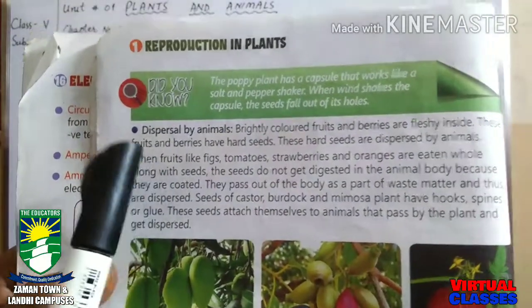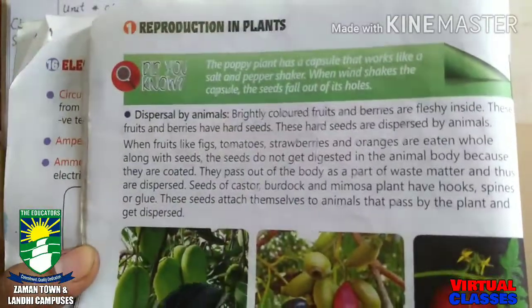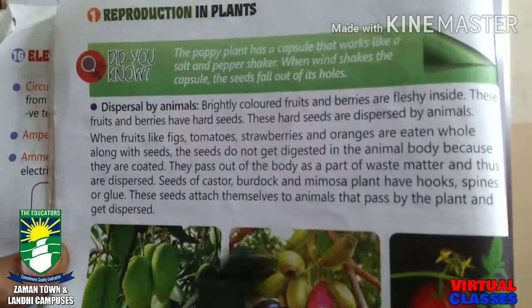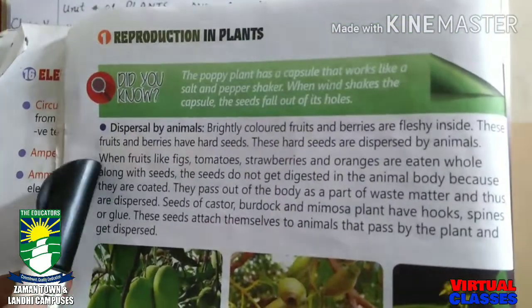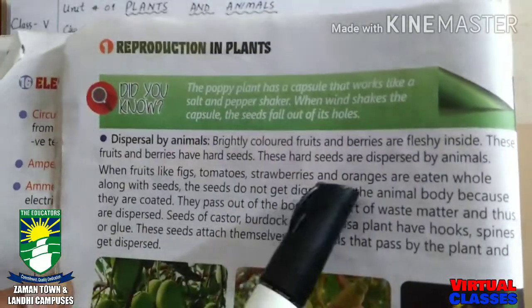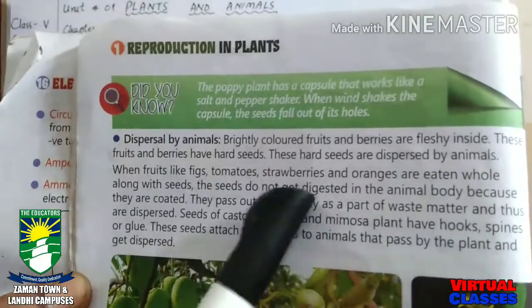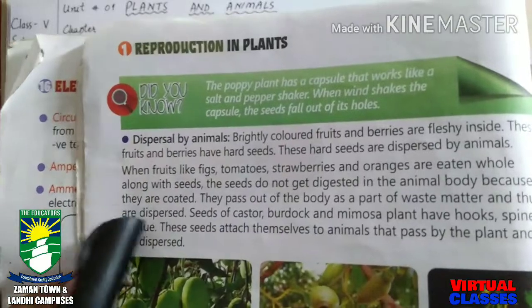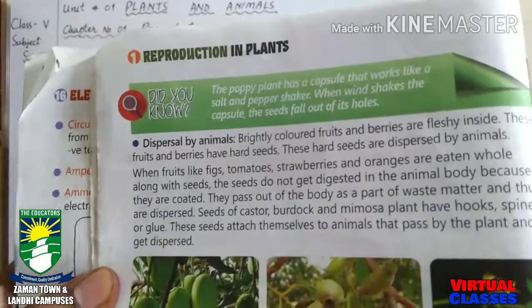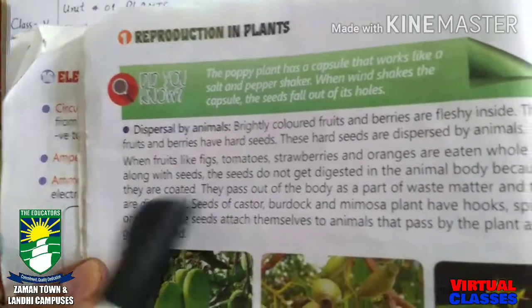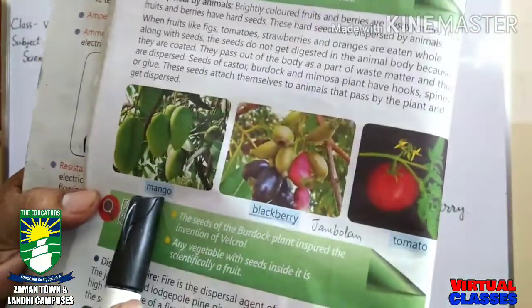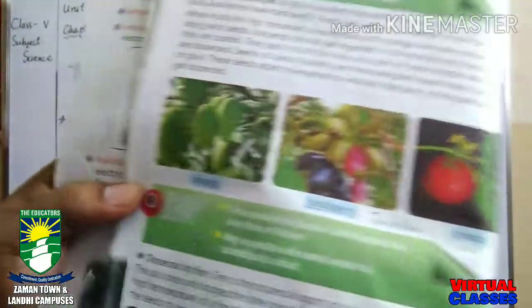So when the animal eats these fruits, their seeds are very hard so that they cannot be digested. So they come out from their bodies in the form of feces, but these seeds are not digested. So when they drop these feces at any place, these seeds are dispersed from one place to another. You can read it in this paragraph. And the example of this is mango, jamun and tomato.